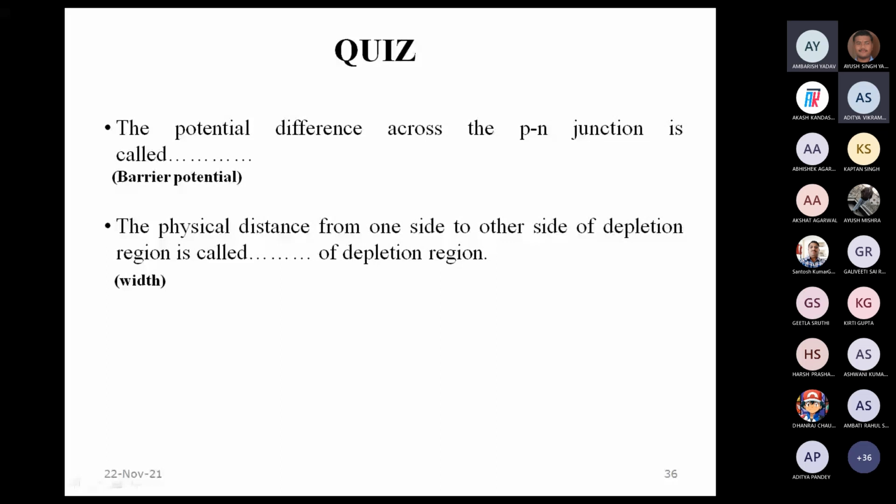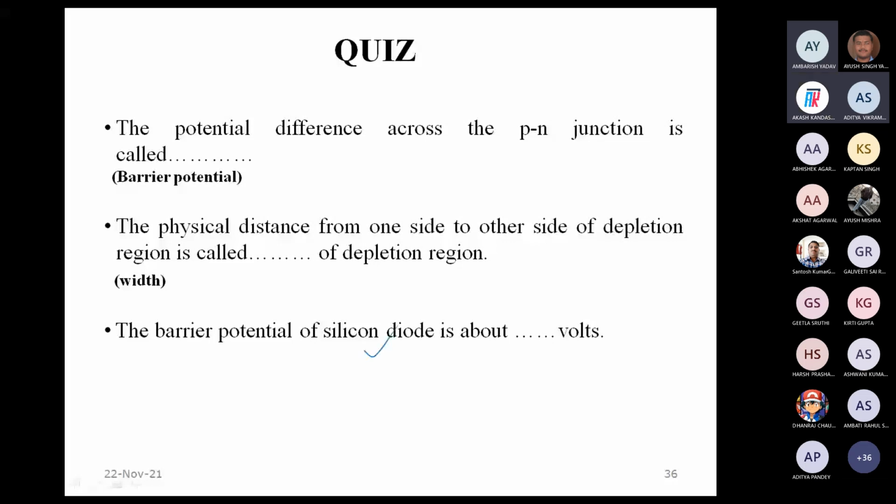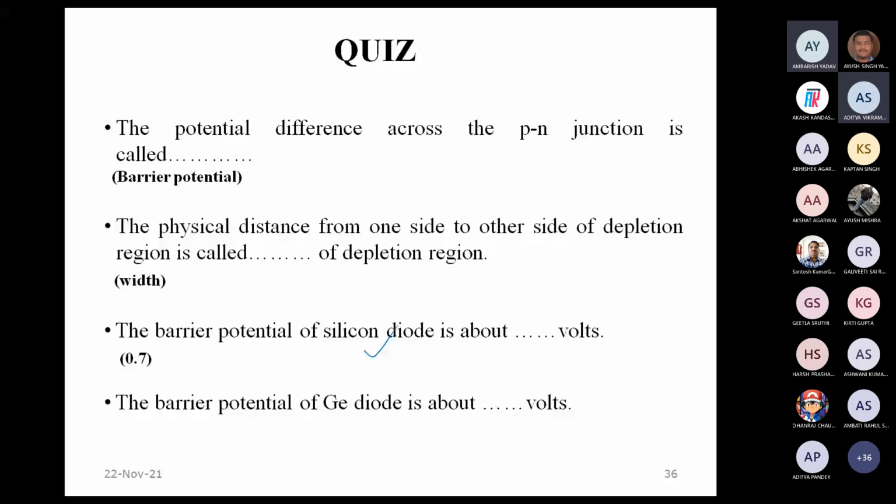So the potential barrier of a silicon diode is around 0.7 volt, and that of germanium is 0.2 to 0.3 volt.